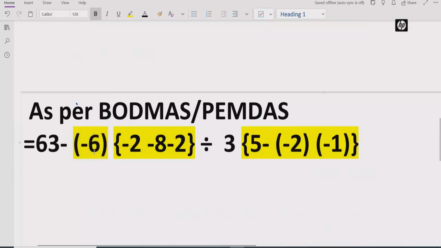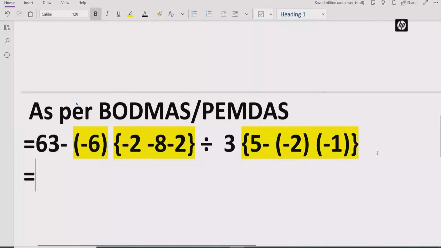This bracket has one term with a minus sign, that's why they use the bracket. So we have majorly two main brackets, which contain -2, -8, -2, and the other one is 5 minus -2 -1. We have to solve this part first according to the rule.